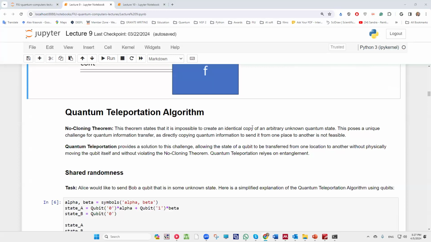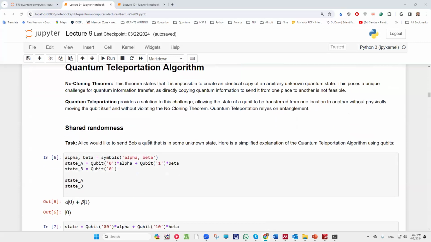All right, so the first quantum algorithm we started with was the quantum teleportation algorithm. At this point, we said that there is an important theorem, which is called the no cloning theorem.